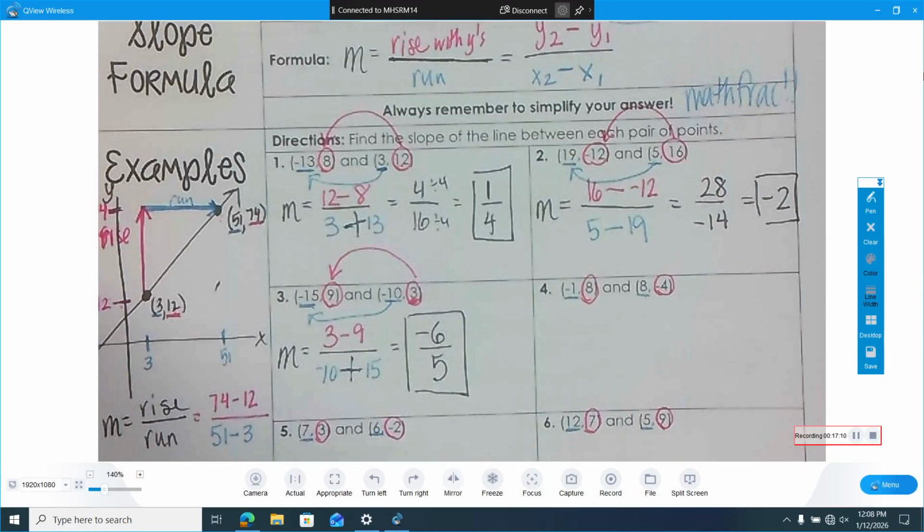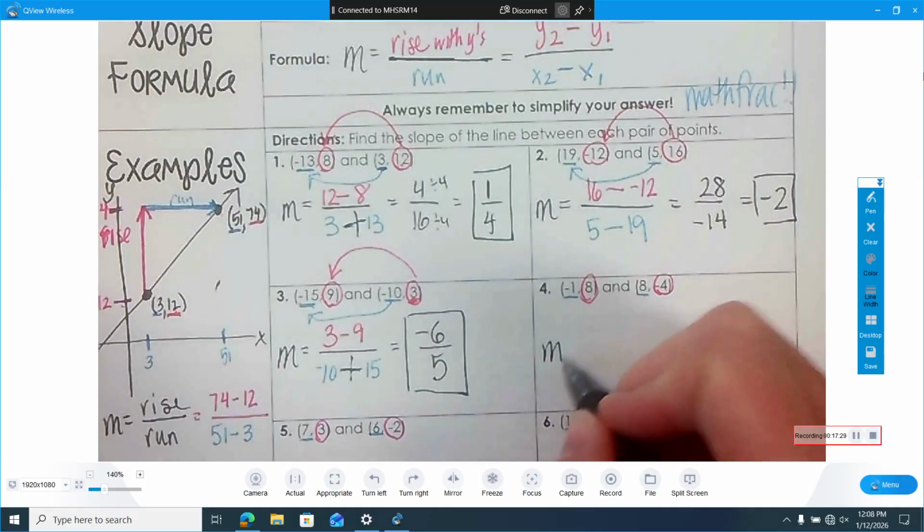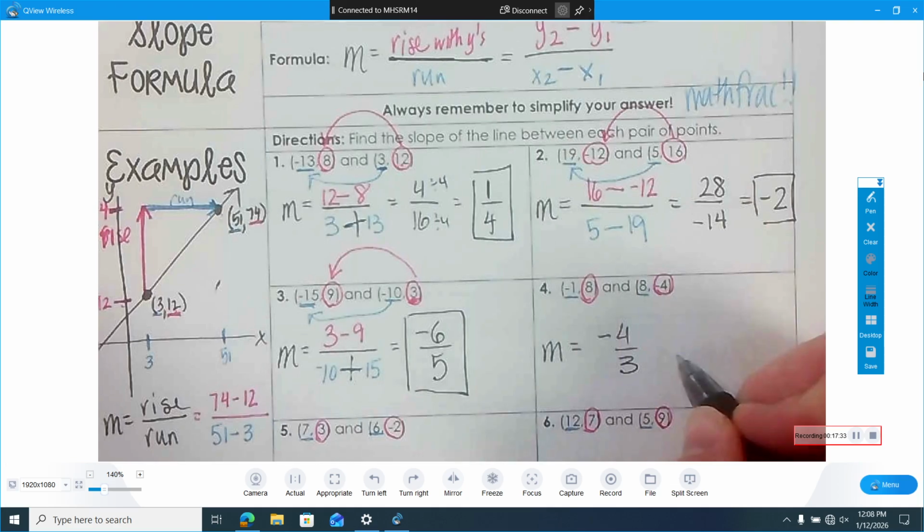All right, very good, ladies and gentlemen. Here we go. Pay attention. On this one, you should get the answer negative 4/3.